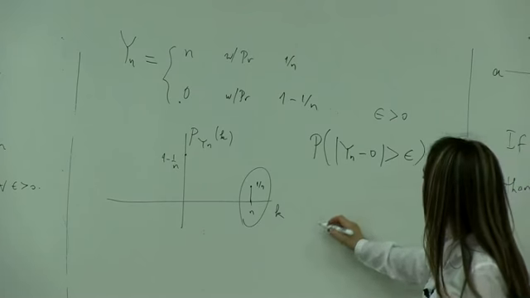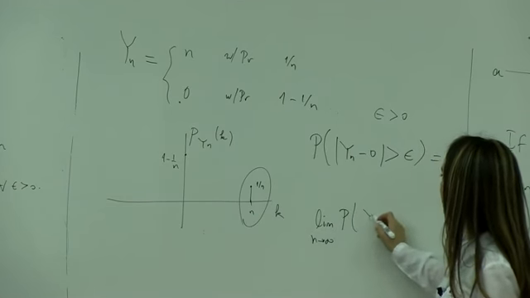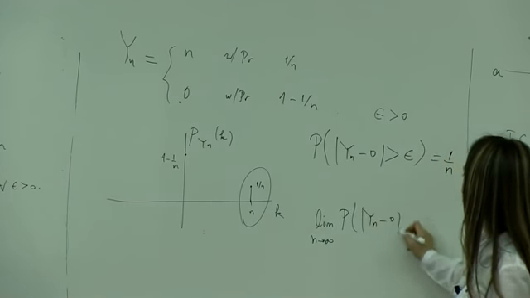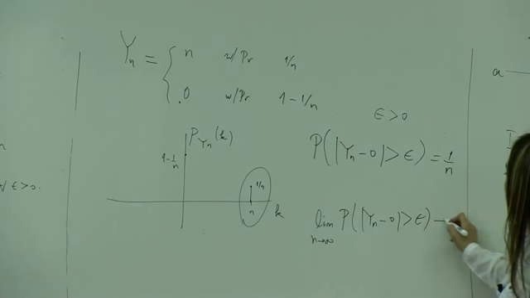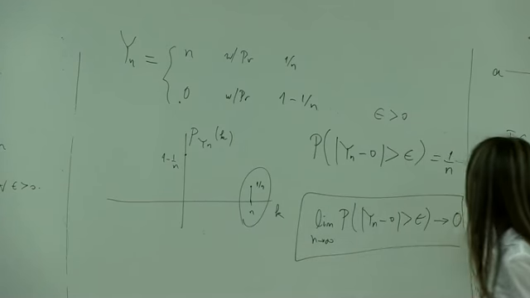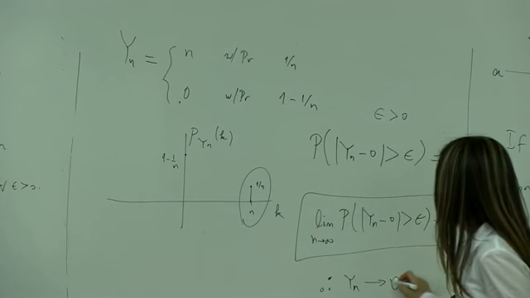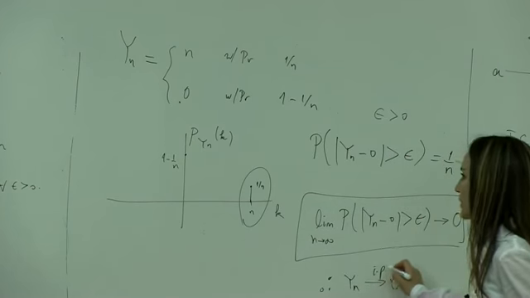So this means that the limit as n goes to infinity of the probability that |Yn minus 0| is bigger than epsilon goes to 0, because 1 over n goes to 0 as a sequence. So this means that Yn converges to 0 in probability.